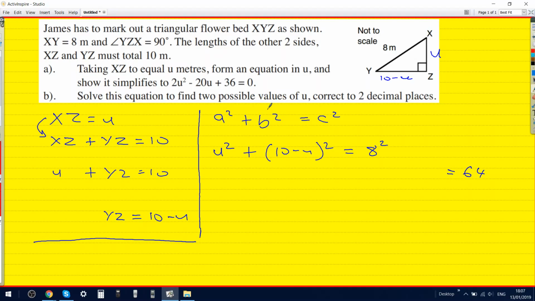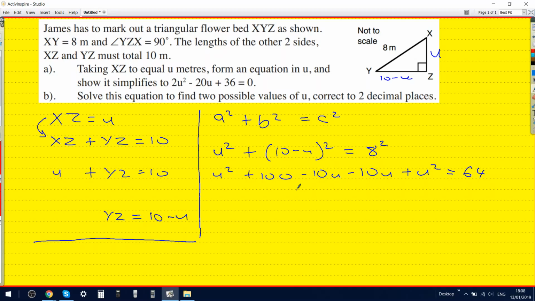So 100 minus 10U, minus 10U again, minus U times minus U, positive, so plus U squared. Equals 64.